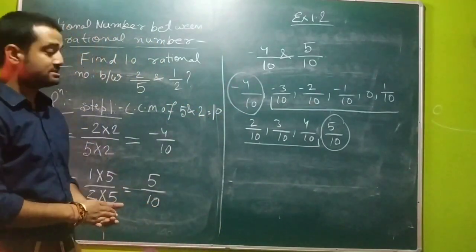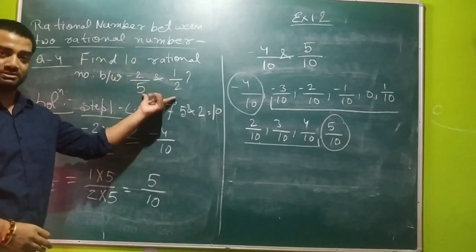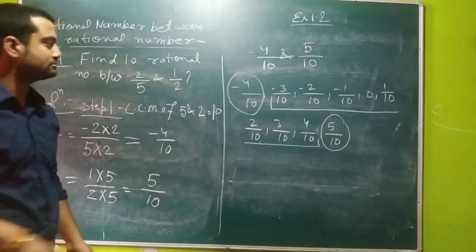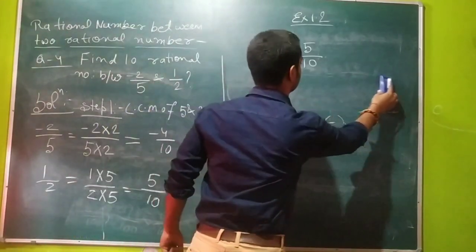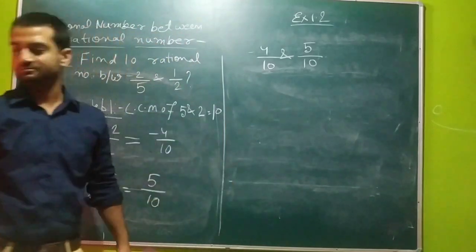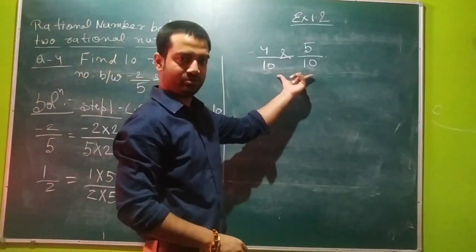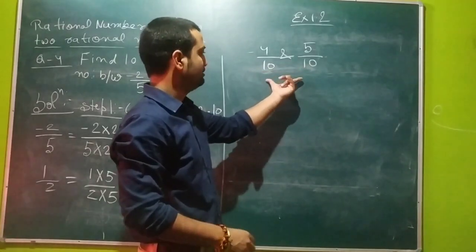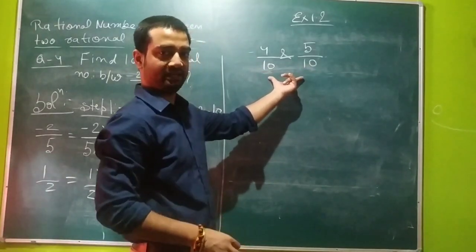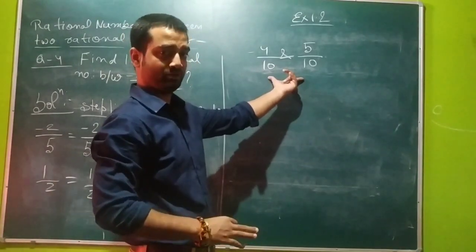But the question still asks us to find 10 rational numbers between these two numbers. So what we will do, we will multiply these two numbers again with a suitable number so that we can find sufficient rational numbers required for our question.